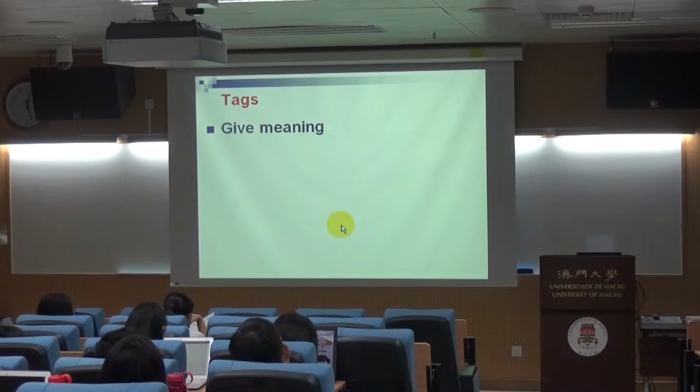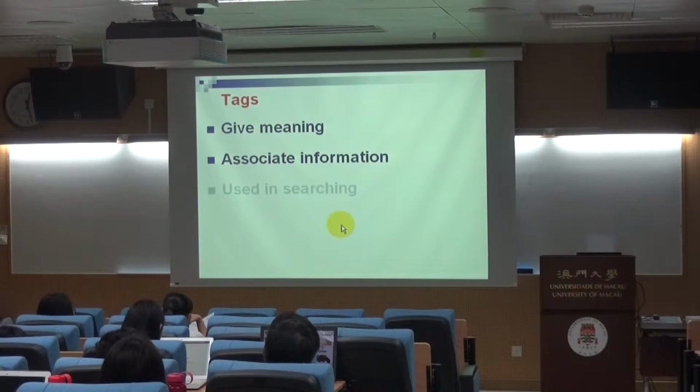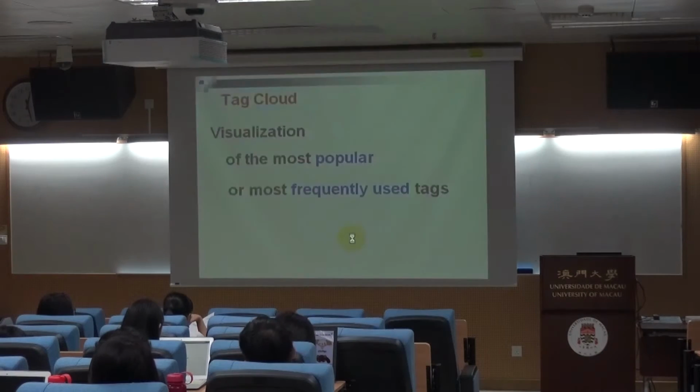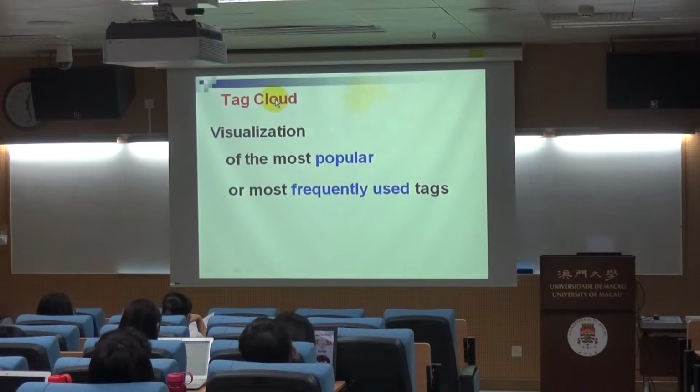So to review, the tags give meaning, associate information. They are used in searching for information, and they're easy to use and understand. A tag cloud is a visualization of the most popular or most frequently used tags.